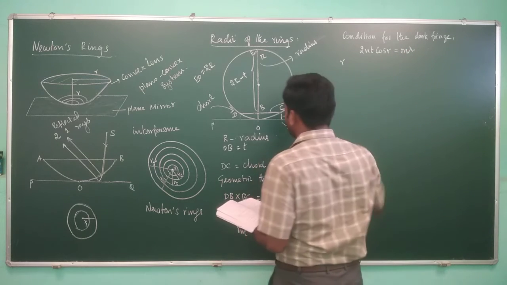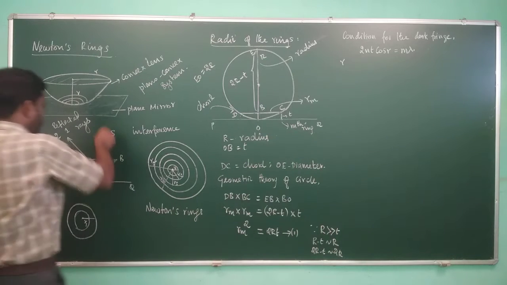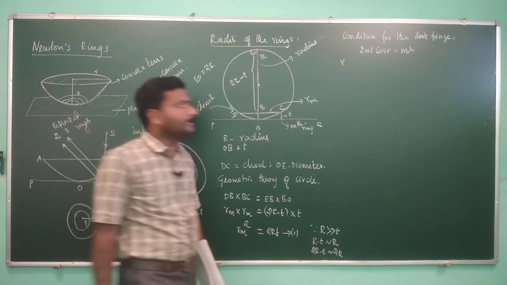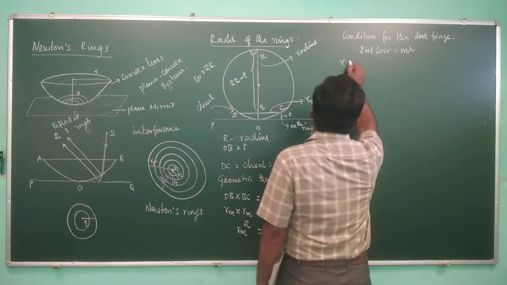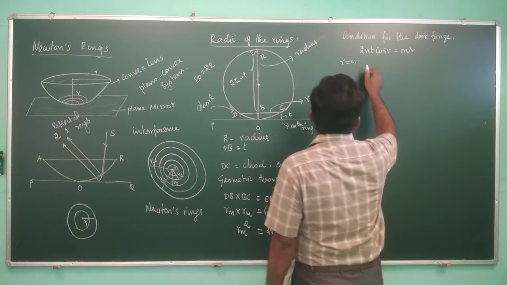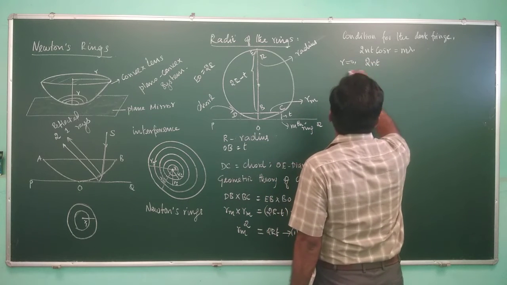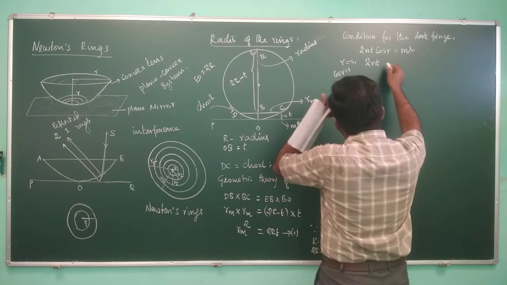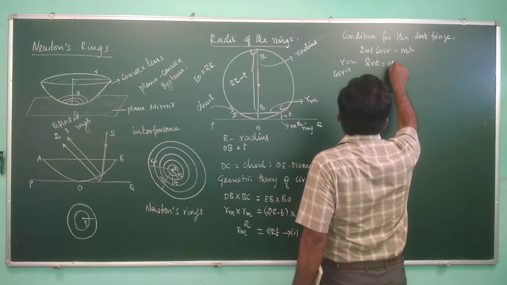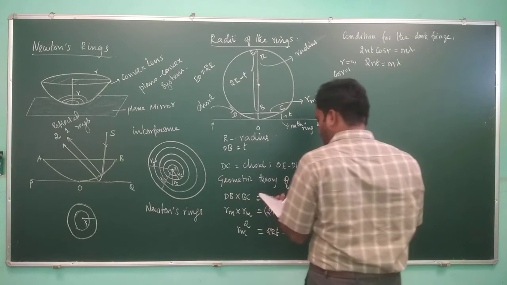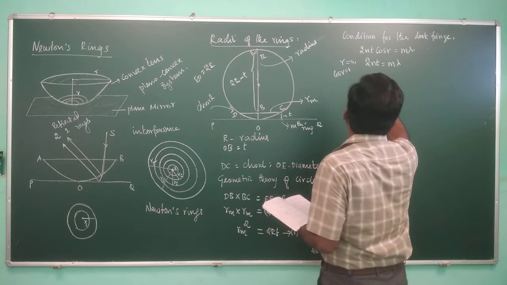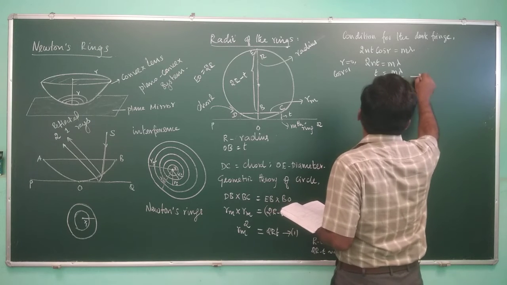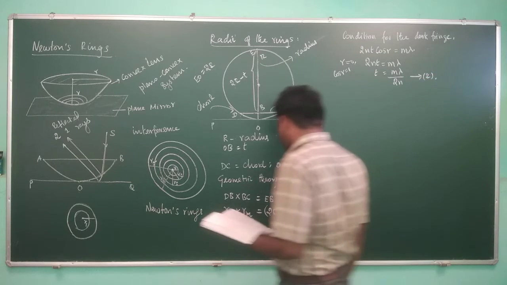In our case, if the light is made to be incident on the plano convex system perpendicularly, then r equal to 0, so cos r becomes 1, so 2nt is equal to m lambda, so that t becomes m lambda by 2n. It is equation number 2.